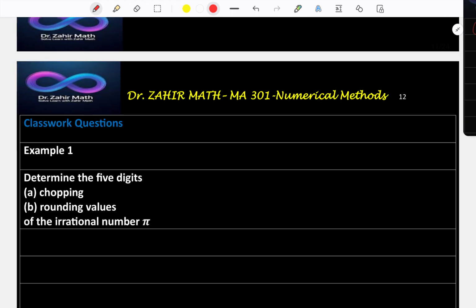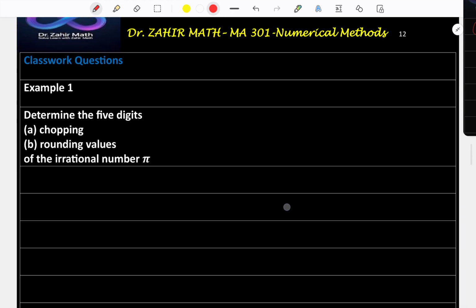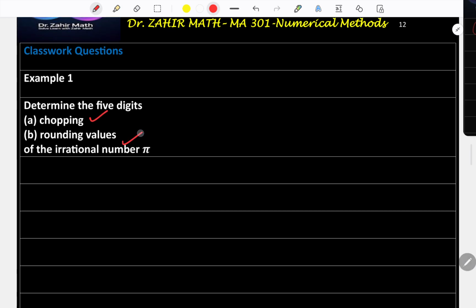So the first question is example 1: determine the 5 digits chopping and rounding values of pi. Okay, let's start the solution. Pi is equal to, go to the calculator, shift pi equals, which is 3.141592654.